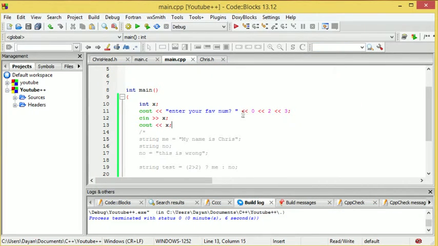That's what it does. It sends things along a path, and in this case it's going into X. Technically it's going from 3 all the way into COUT, but it runs the way you would expect. It's not like you have to enter your favorite number where the 3 is and 3 where the favorite number is.